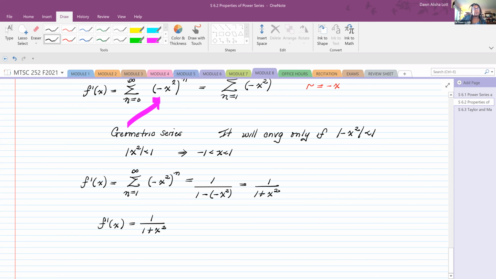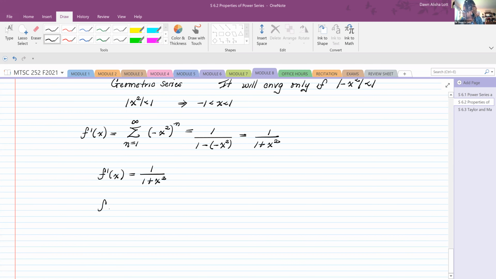So therefore, what is f? What's the inverse of 1 over 1 plus x squared? That's one we know.